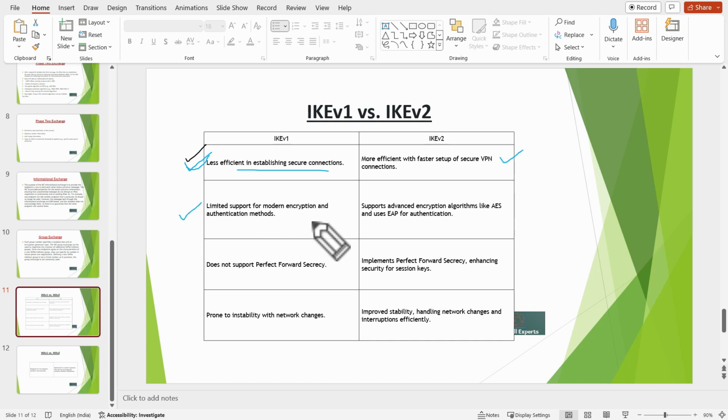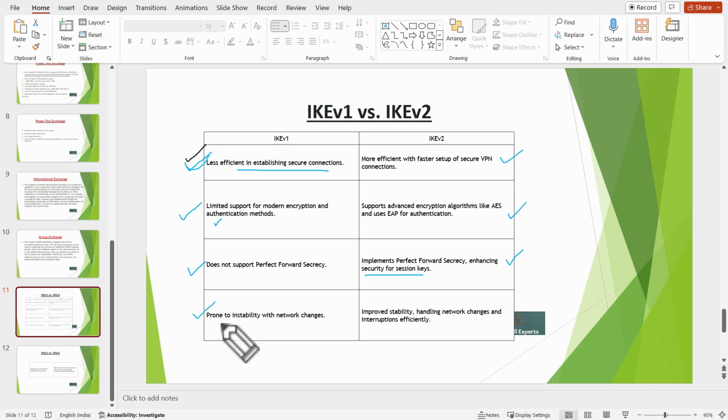IKEv1 has limited support for modern encryption and authentication methods, while IKEv2 supports advanced encryption algorithms like AES and uses EAP for authentication. So IKEv2 supports the latest algorithms plus authentication, which is not supported by IKEv1. IKEv1 does not support PFS, but IKEv2 supports PFS, enhancing the security of session keys.